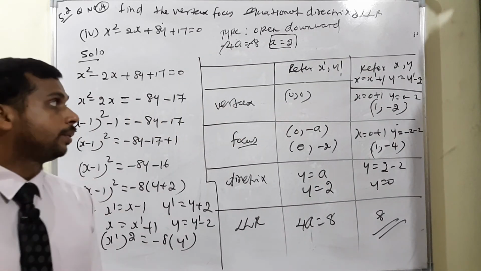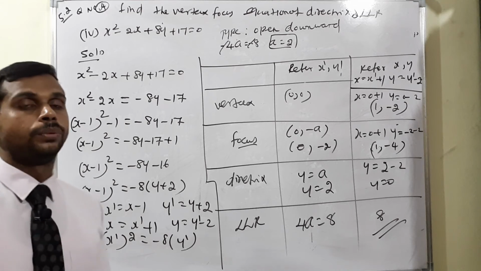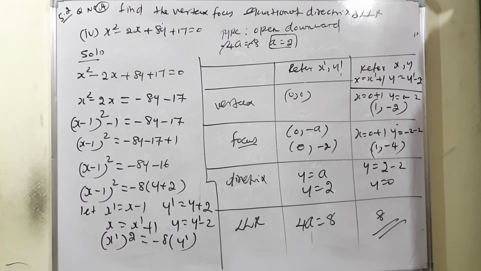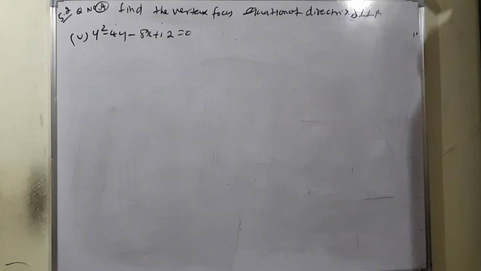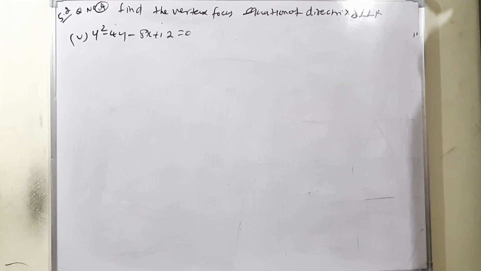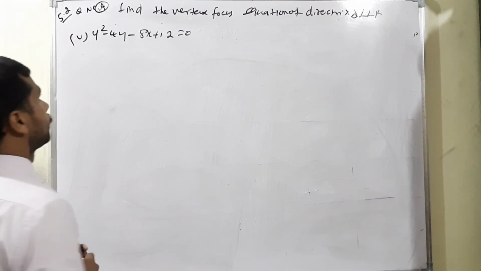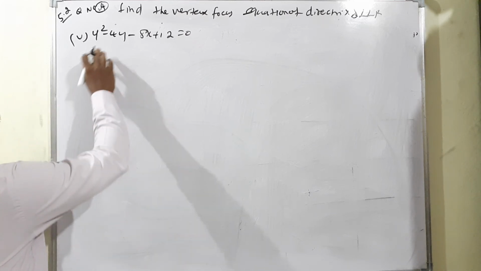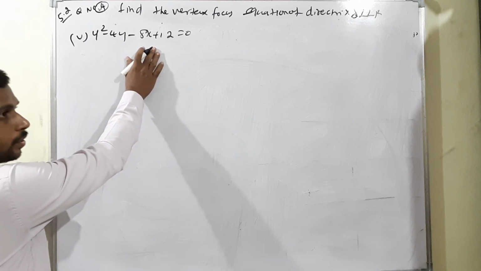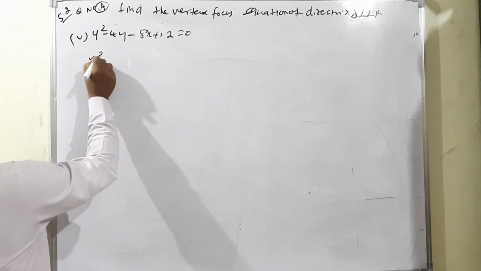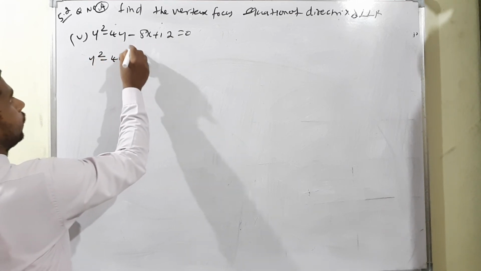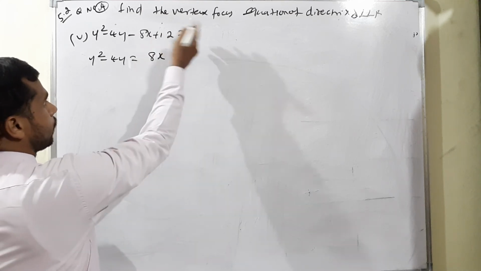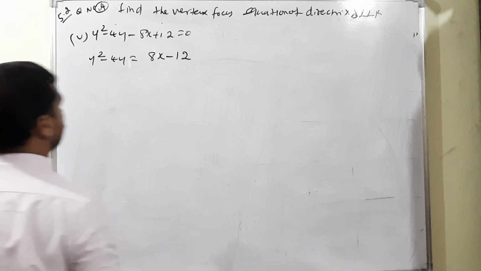Okay. I will continue with the last subdivision from question number 4. Moving to subdivision 5, question y square minus 4y minus 8x plus 12. Look at there, we have to group first the y family and x family. y square minus 4y is equal to minus 8x, bring to the opposite side means positive 8x, plus 12 bring to the opposite side means minus 12.